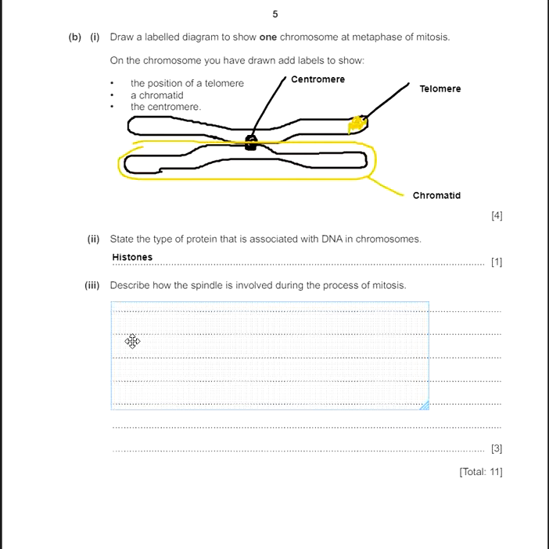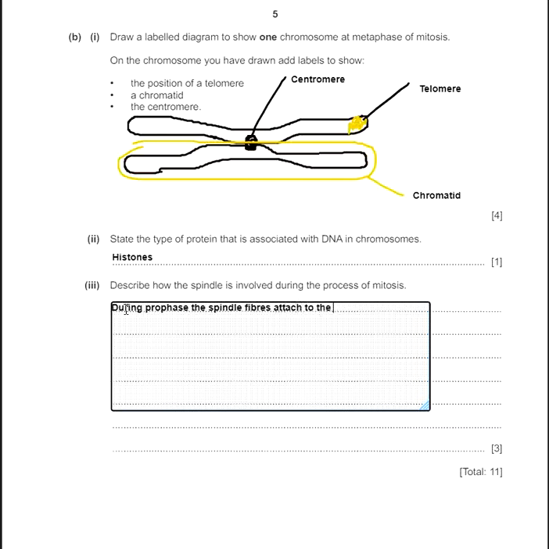Okay, that question is a bit tougher. So what does the spindle do? We can start in prophase. During prophase, the spindle fibers attach to the centromeres of the chromosomes.